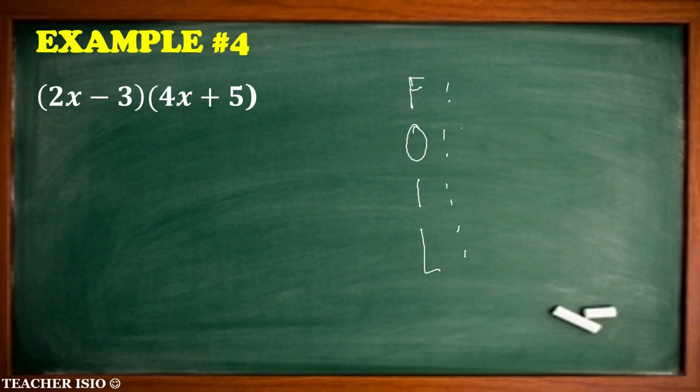Okay, so we have the first term, 2x and 4x. So what is 2x times 4x? So we have 2 times 4, 8, and then x. Diba the exponent here is 1. So we have 1 plus 1. So the answer is 8x squared.